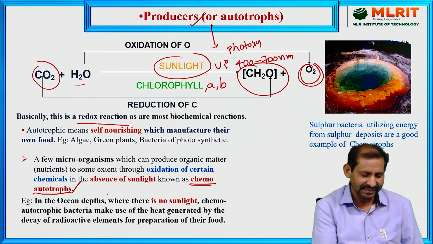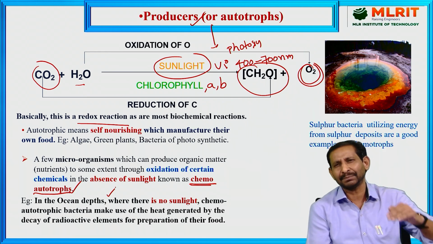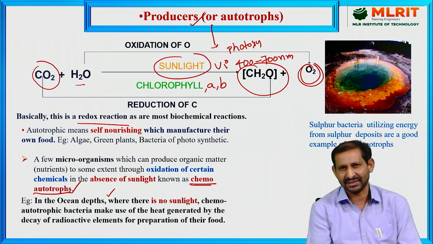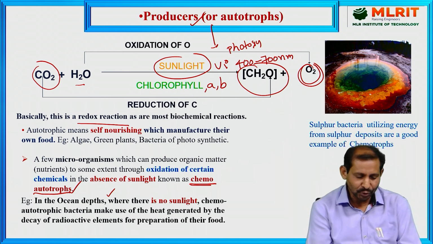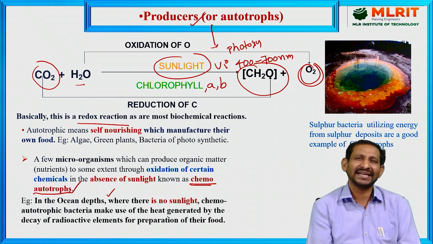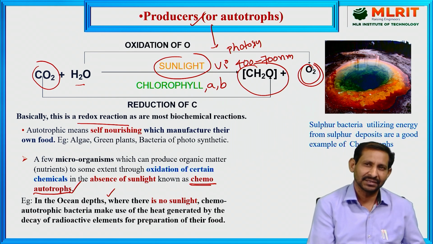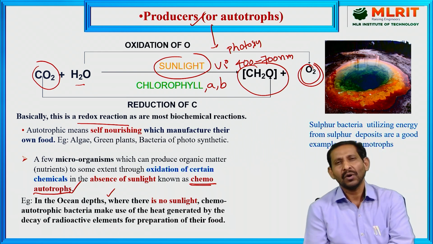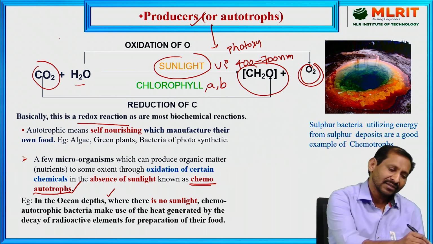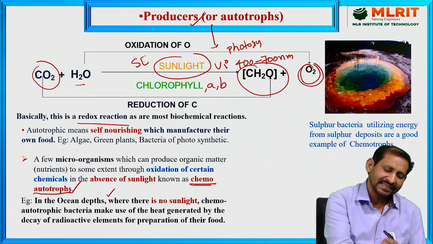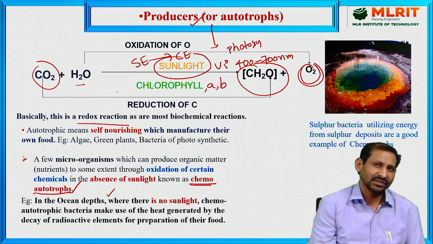For example, in the depths of the oceans there is no sunlight, yet some bacteria can prepare organic matter using the heat liberated from the decay of radioactive elements. So organic matter can be produced. In photosynthesis, you can observe that solar energy is converted to chemical energy.